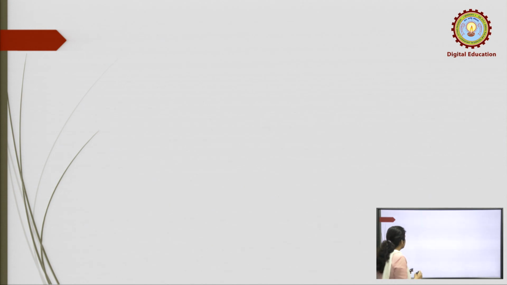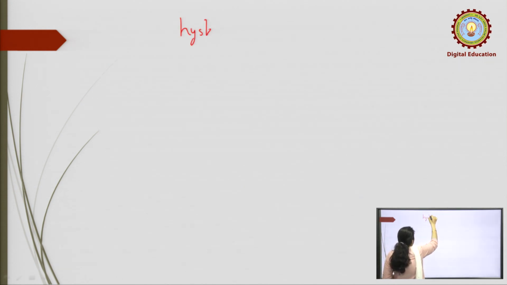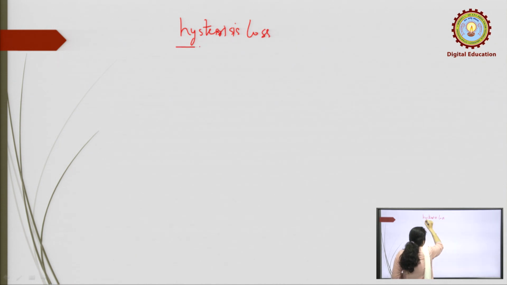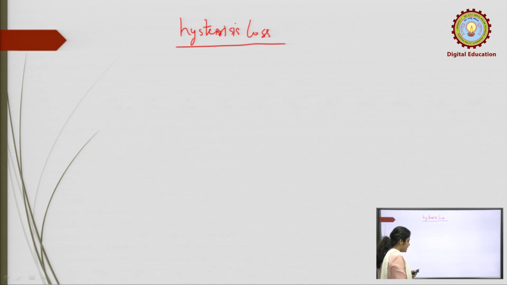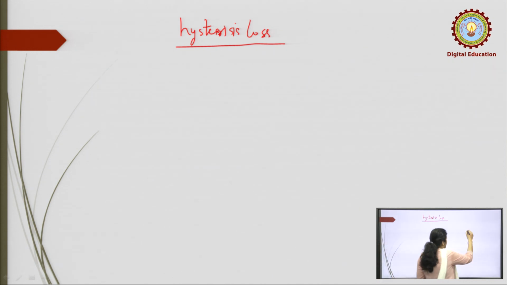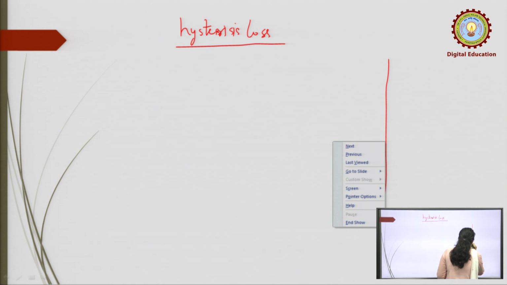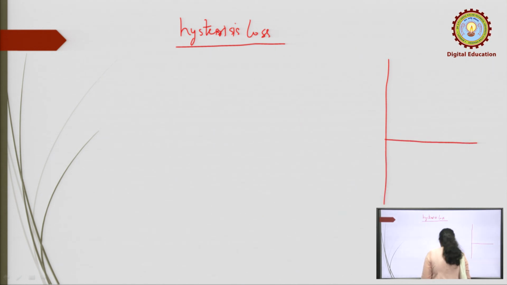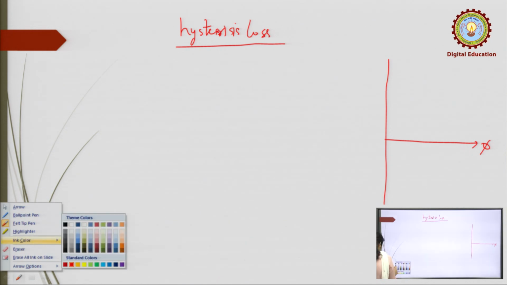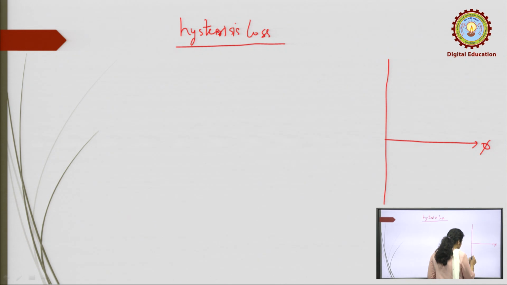Now see the hysteresis loss. If you draw the no load phasor diagram of a two winding ideal transformer, as you remember, there is a reference flux, and there are voltages E1 and E2, and a very small magnetizing current.